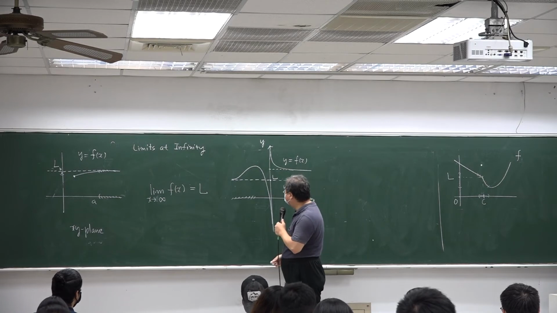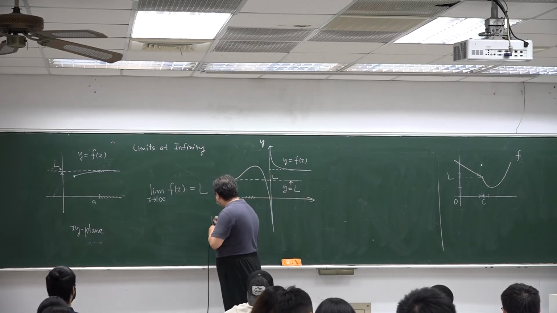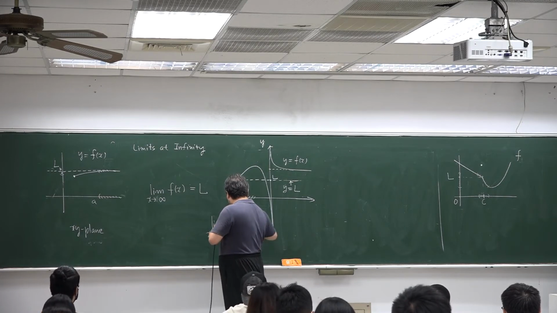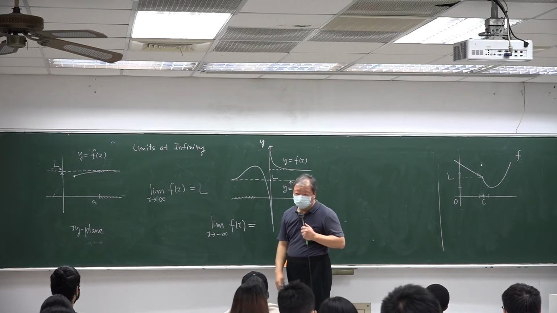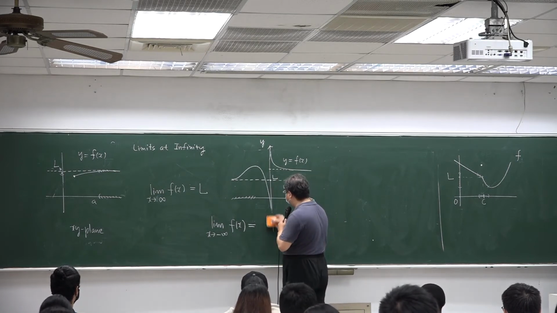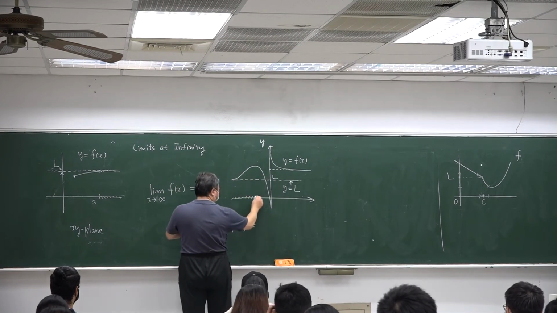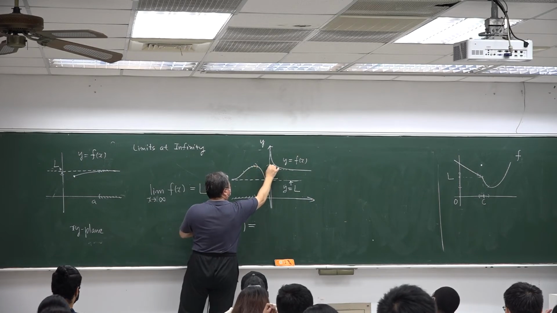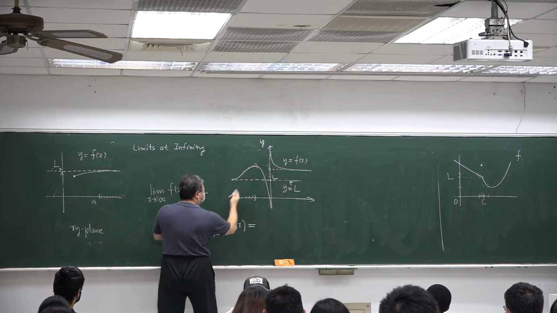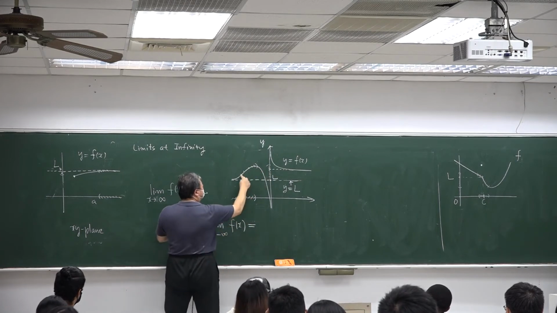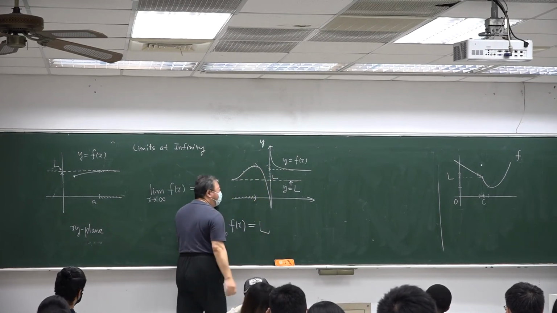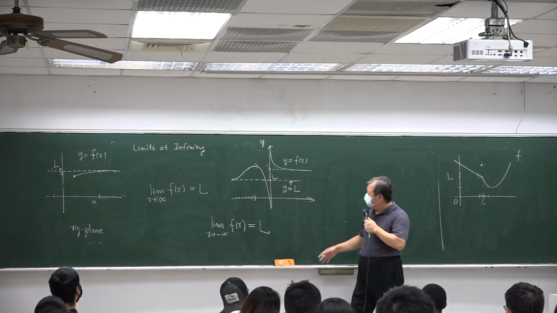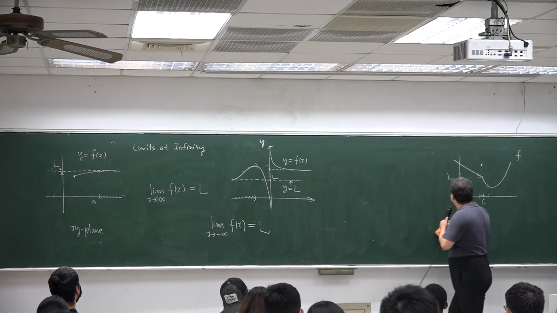In this case, we may consider the behavior of f when x is very small, and use this notation. To the left, to the left, so this value is L. We may consider this concept: limit at infinity.